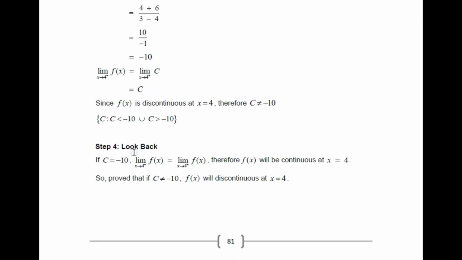Step 4, look back. If c equals -10, the limit of f(x) as x approaches 4 from the left is equal to the limit as x approaches 4 from the right. Therefore, f(x) will be continuous at x equals 4. So, this proves that if c is not equal to -10, f(x) will be discontinuous at x equals 4.